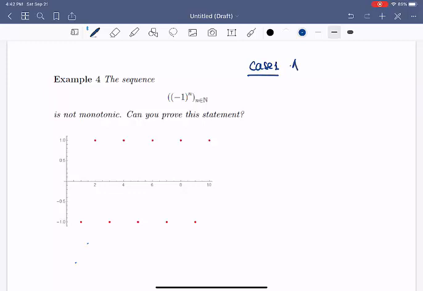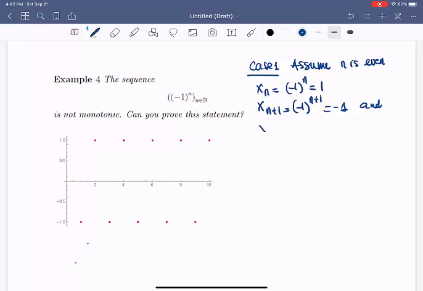The sequence negative 1 power n, and let's do a case analysis here. Case 1, assume that n is even. In this case, xn is going to be, of course, negative 1 power n, which is 1, and xn plus 1 is going to be negative 1 power n plus 1, and since n plus 1 is odd, then this will be negative 1, and in this case here, xn is in fact greater or equal to xn plus 1, right?